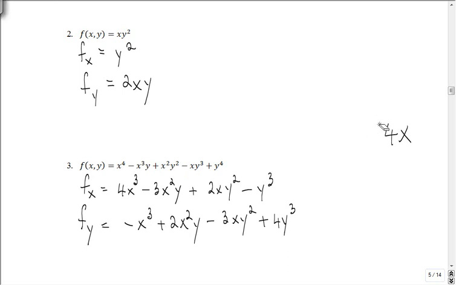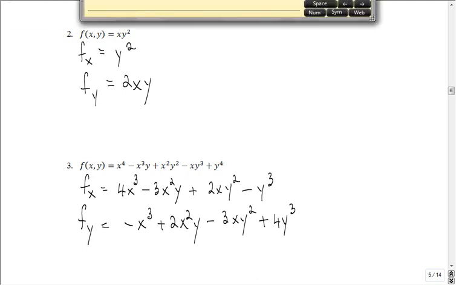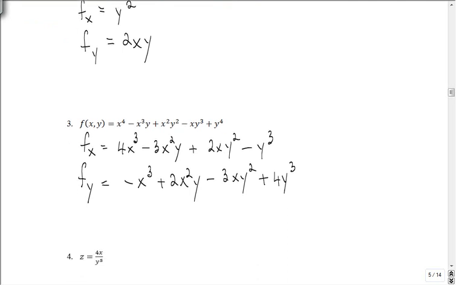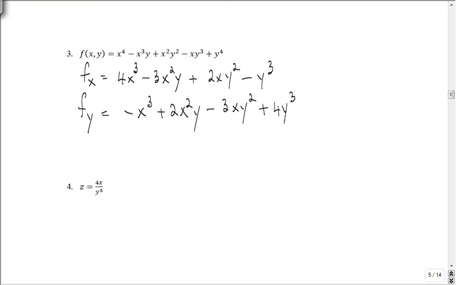Let's do some more. Okay, number 4. So remember, when we see these things, you would need to write it as 4xy to the minus 5. We're not using the quotient rule here. You will see when you have to use the product and the quotient rule in a little while, okay?